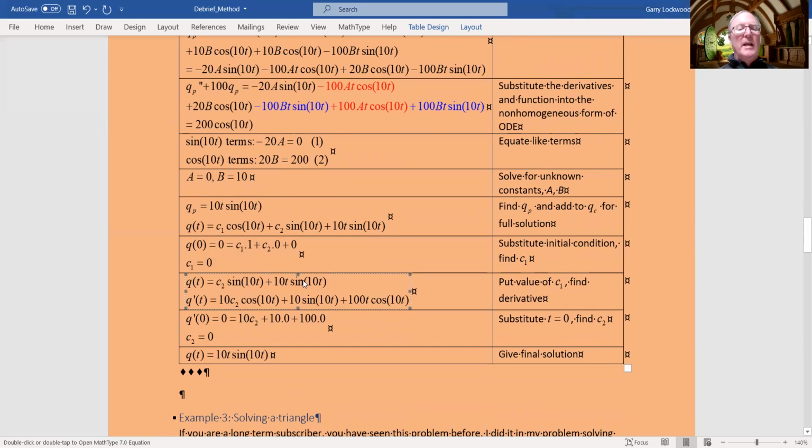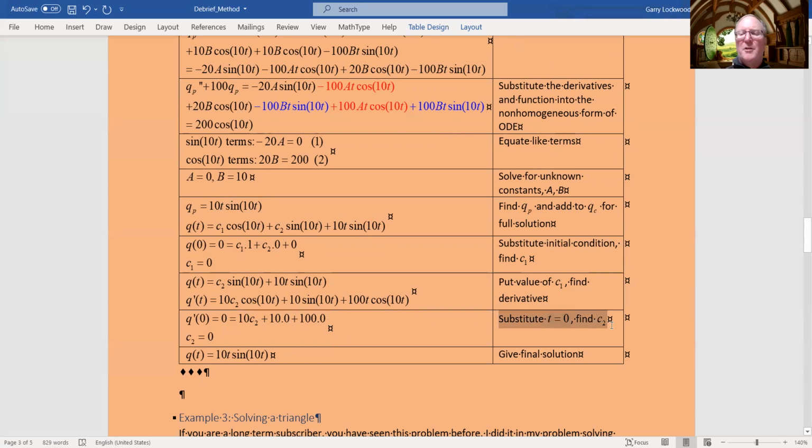So there's my Q, and I've rewritten the solution, but I'm now putting C1 equals 0, which I just found. And so of course this term just disappears. So I'm actually writing the rest. I'm finding the derivative. And so my English language summary is put the value of C1 and find the derivative. And then when I put t equals 0, I pretty quickly get C2 equals 0.